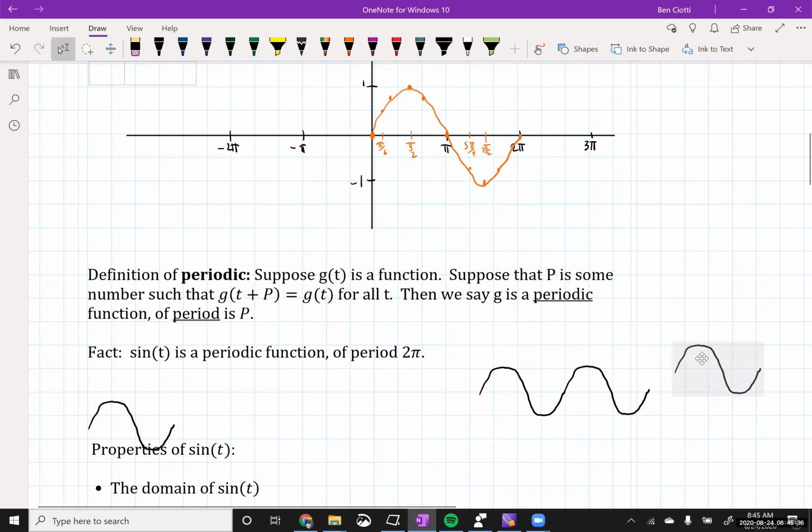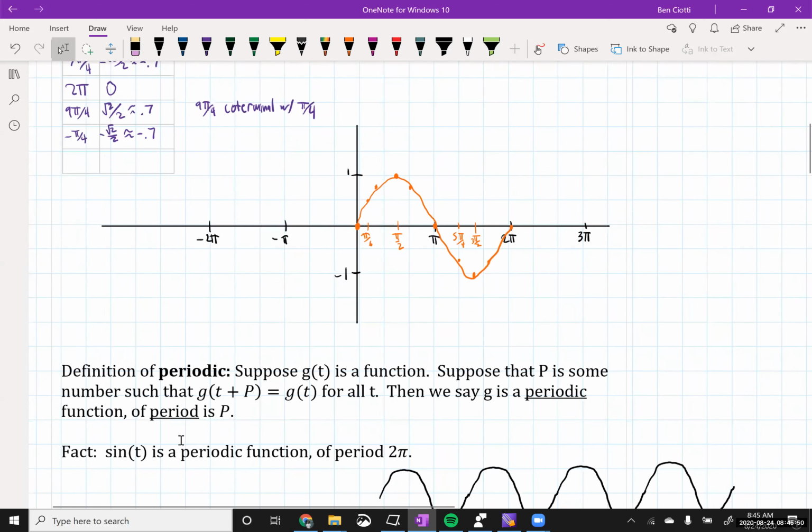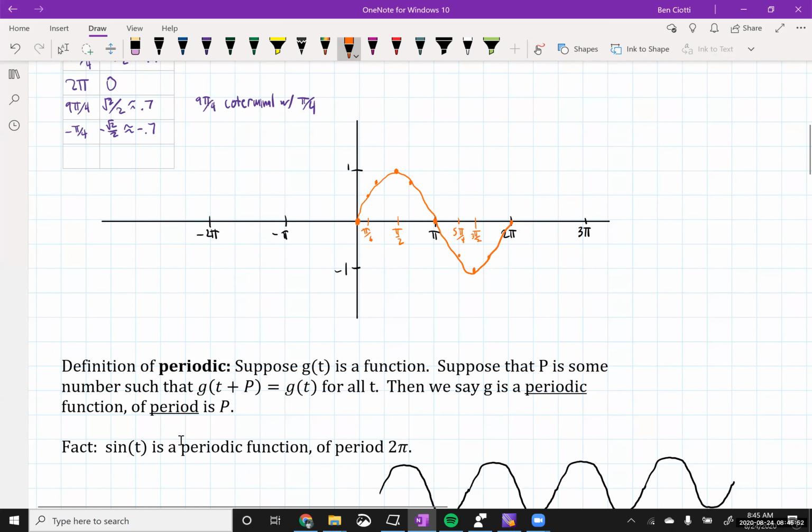The portion after that will be once again a rigid copy of one full period. I can even extend it to the left as well. So that's how you graph a periodic function. So I already know what the rest of the graph is going to look like. It's just going to be rigid copies of the part I already drew.